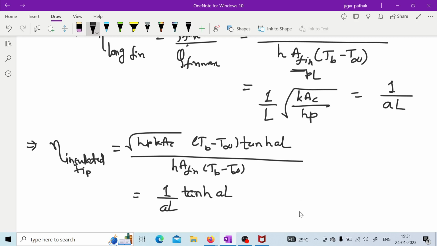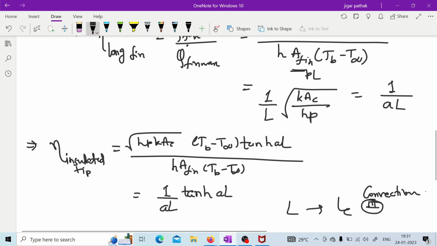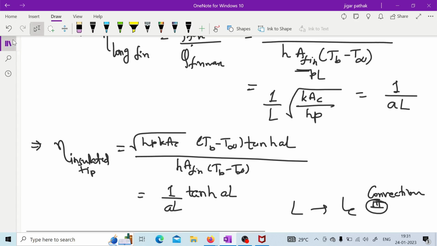For the third case, you just need to replace L with L_c, the case in which there is a convective tip. You can have convection at the end of the tip. So this is how you get the efficiency of the fin.